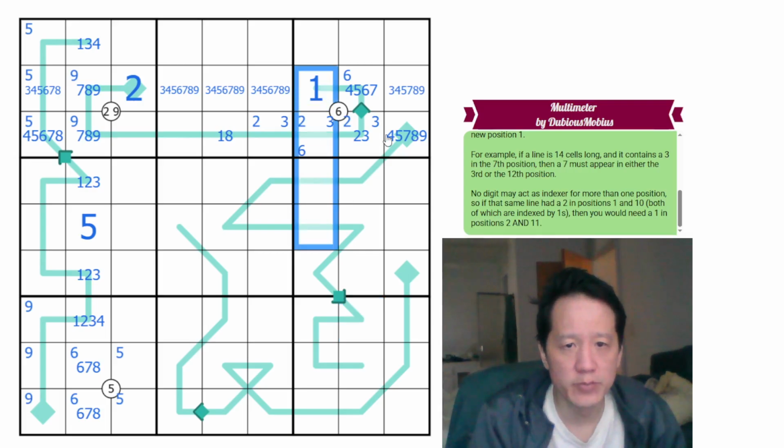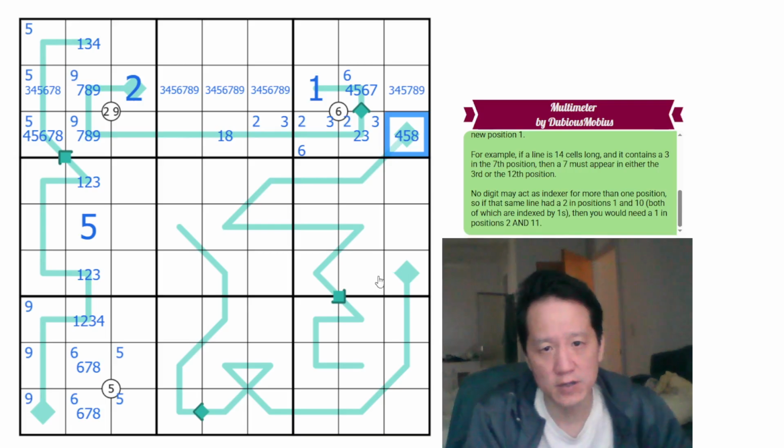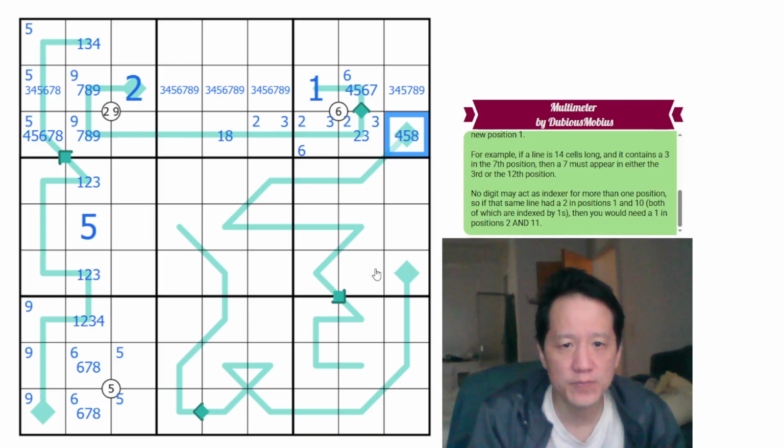One cannot appear now in 1, 2, can't be in the 1, can't be third. 4, 5, 6 is fine. 7 and 9 are removed, so this cannot be 7 or 9, because then the 1 would have to appear here, and that would break that. So it could be in the 4th.